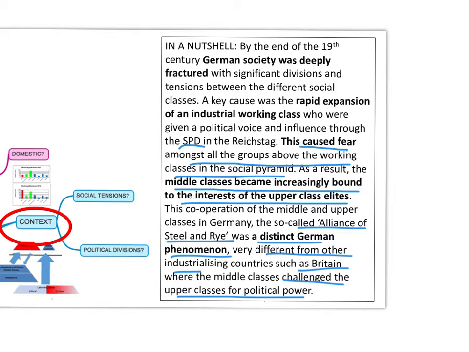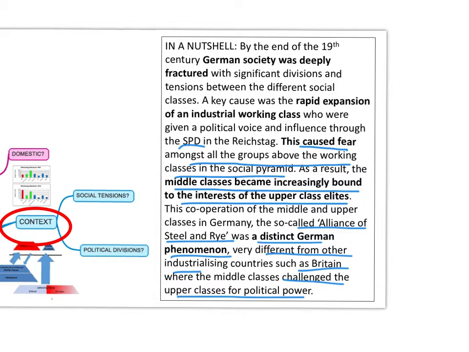They became a team. And why was that different in Germany? The main reason is at the bottom of the social pyramid: industrialisation in Germany caused the rapid rise of the working classes. And that's the key thing.